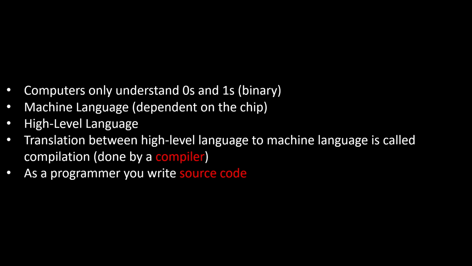No electricity is a zero. If there's electricity flowing through, it's a one, right? And then there's billions of transistors basically inside a computer chip, and that's what the computer does. That's what it understands. It's just all electricity flowing through or not.